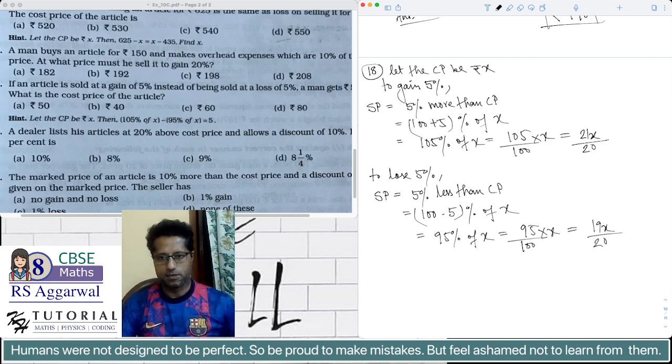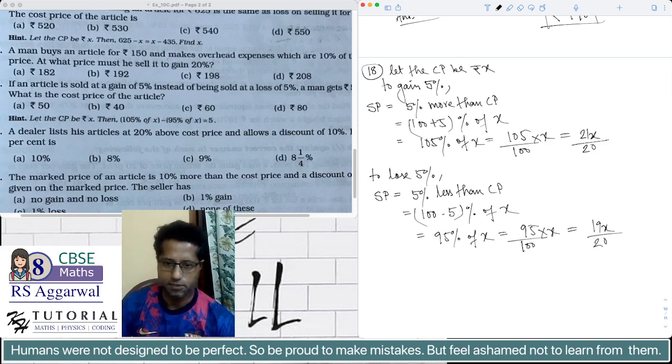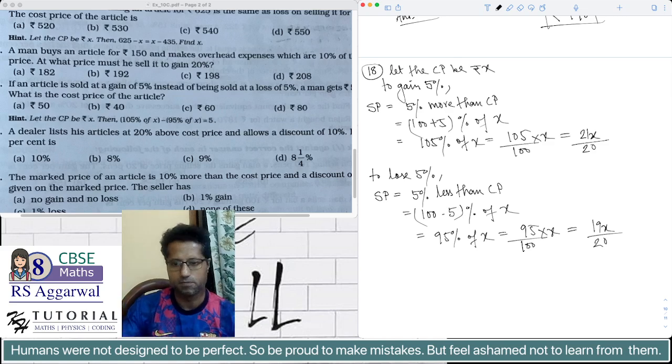So in the first case, the selling price is 21X by 20. In the second case, the selling price is 19X by 20.